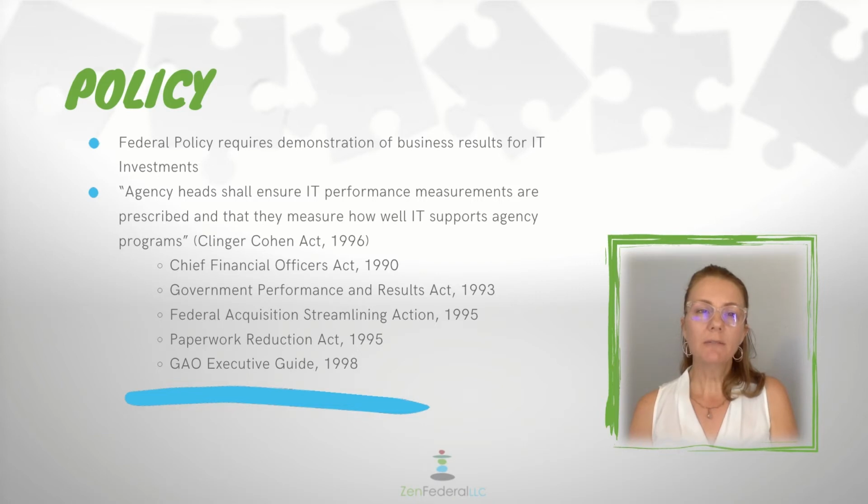Specifically for IT investments, we have to be able to demonstrate business results. So those agency heads are tasked with the ability to report those IT performance measurements from planning through the life cycle of IT investments. And we have to be able to demonstrate how well IT supports agency programs.